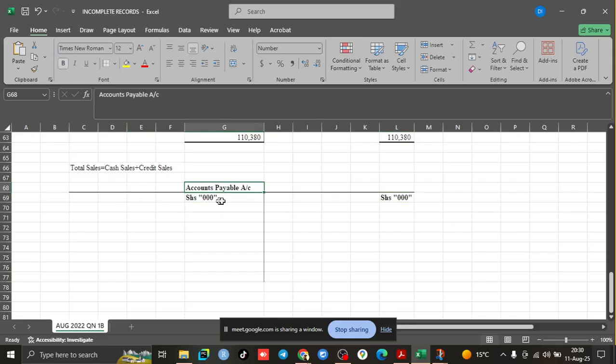So balance brought forward for payables, because ni a liability account, inakuanga on the credit side. Then balance carry forward iko on the debit side, like so.